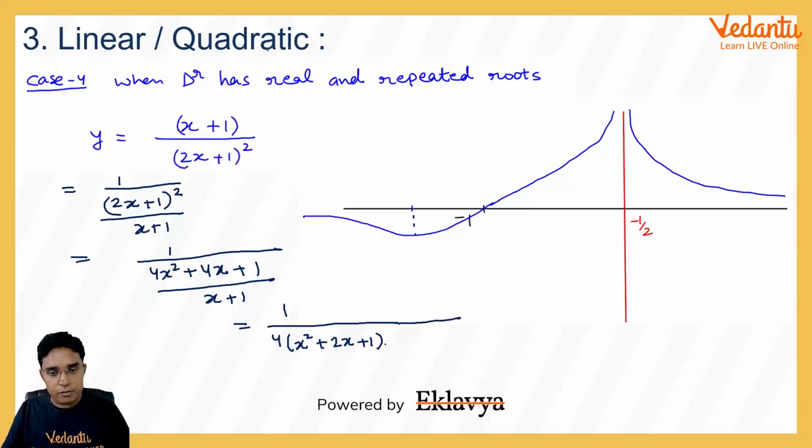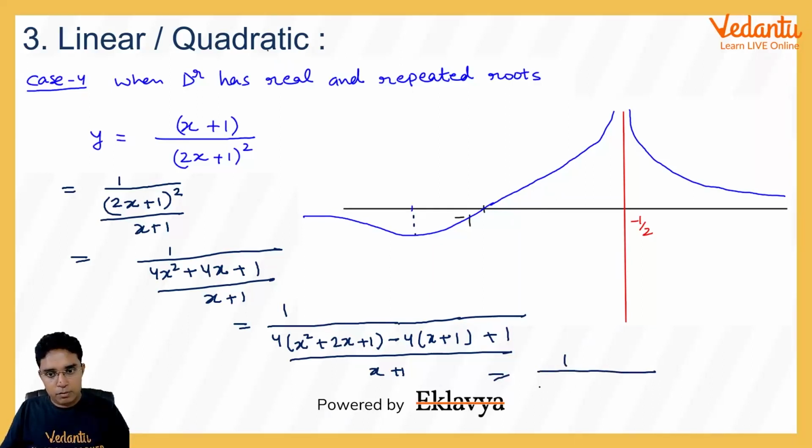For that I will have to subtract 4x. So taking 4 common, x plus 1 here. 4 minus 4, 0. So just 1 will be added here upon x plus 1. Okay. So here we will be getting 1 upon minus 4 plus 4 into x plus 1 plus 1 upon x plus 1.